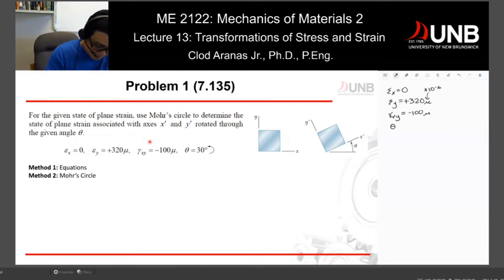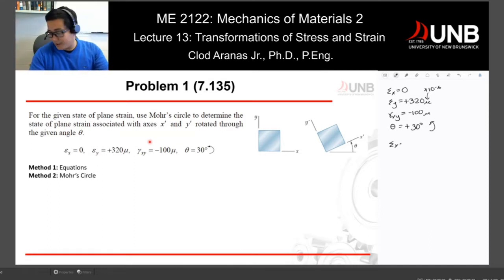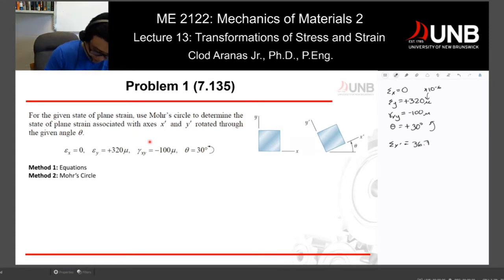And we have our theta, which is positive 30 degrees, because it's counterclockwise. Now we solved epsilon x prime last time using the transformation equation. And what we got is 36.7 mu. And how did we get it?